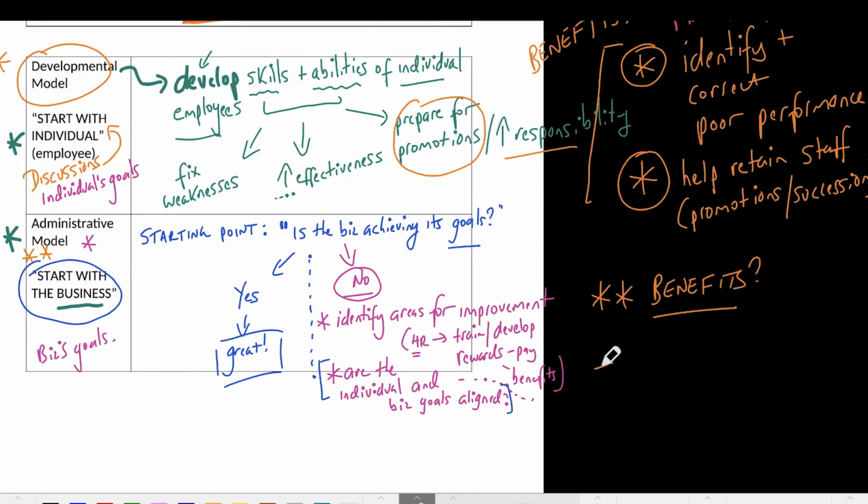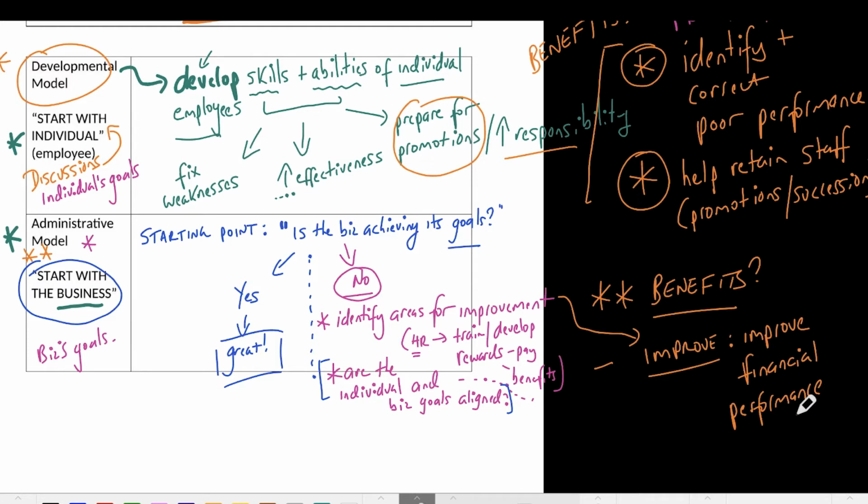Well, the benefits are, if we identify areas for improvement and then we actually improve those areas, then we could improve financial performance. That's a good outcome. The other thing is that we could also address other elements of the organisation, strengths and weaknesses in the business, because we're asking those questions more broadly about the business.